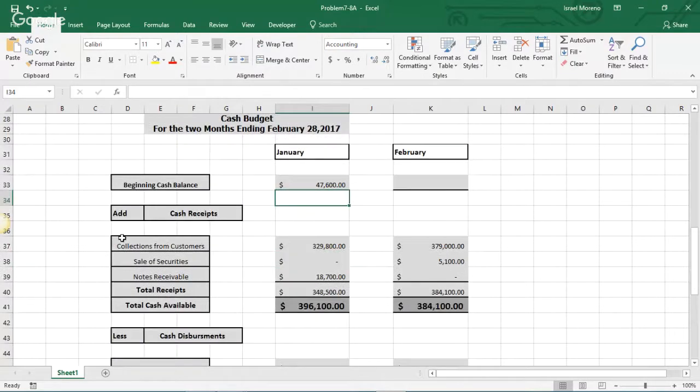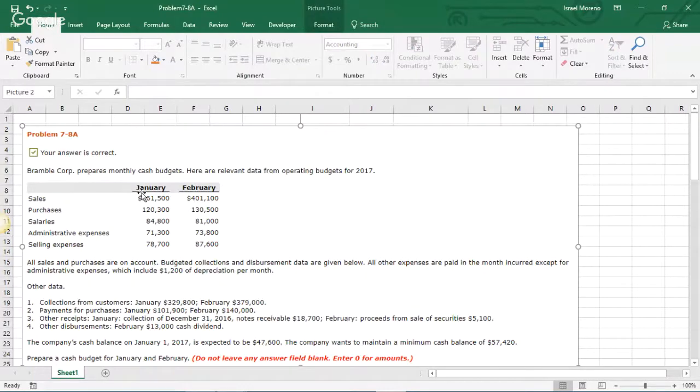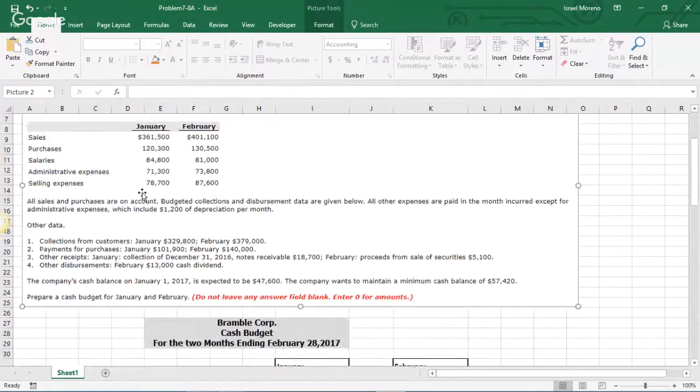Now, let's talk about the receipts. It is important to understand that all the sales and purchases are on account. So we're not going to be using the sales and purchases because they don't reflect cash flow. So we're going to be using the collections from customers instead of sales and payments for purchases instead of purchases.